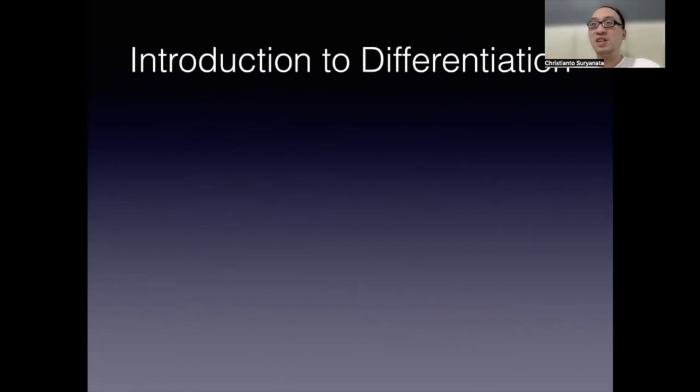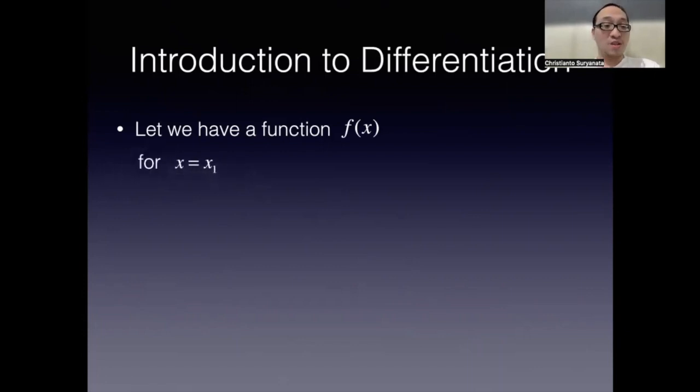Now, using this idea of limits, we try to see about differentiation. Let's say we have any random function f(x). When x equals x1, I have f(x1).